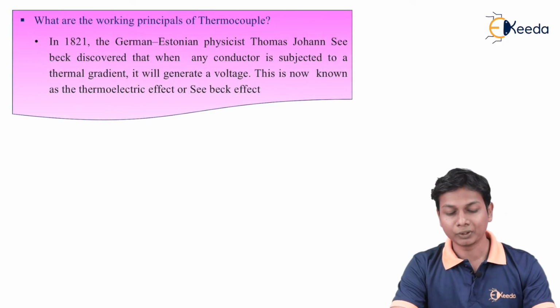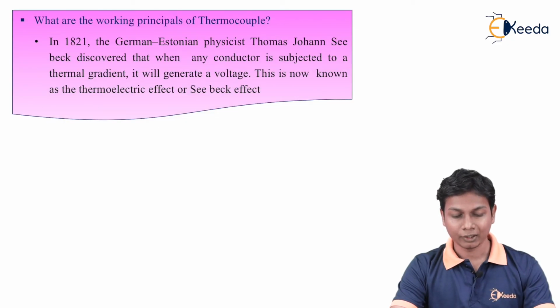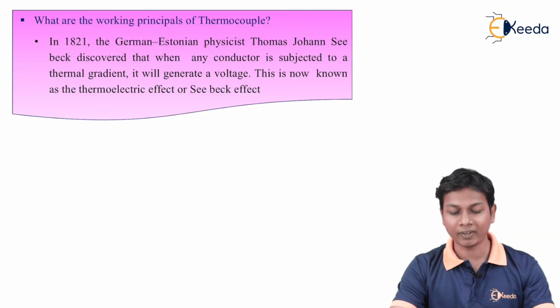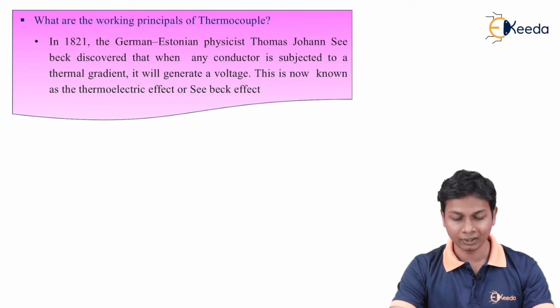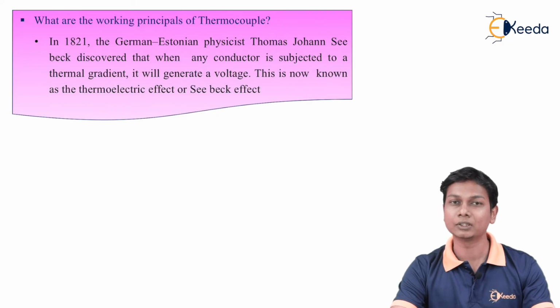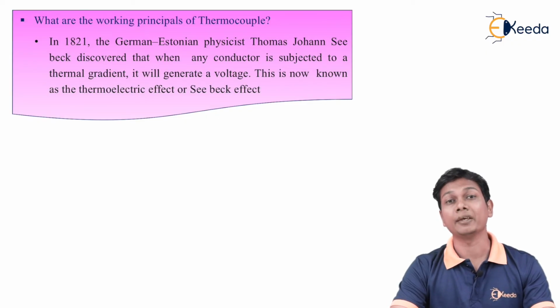Now, the principle of the thermocouple was discovered in 1821 by a German-Estonian physicist named Thomas Johann Seebeck. He discovered that when any conductor is subjected to a thermal gradient, it will generate a voltage. This is now known as the thermoelectric effect, or the Seebeck effect.